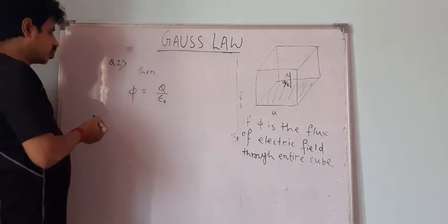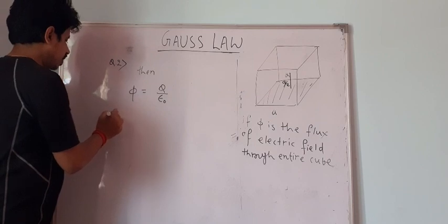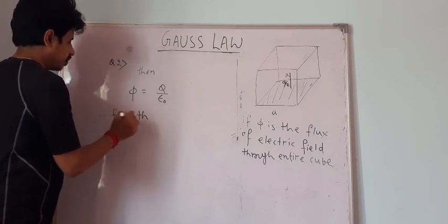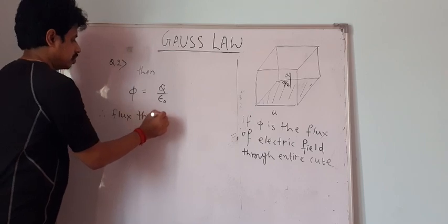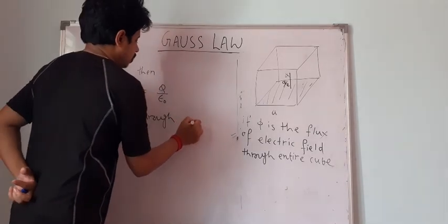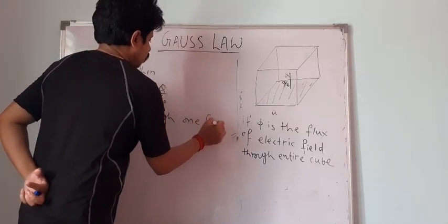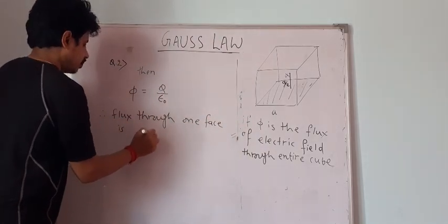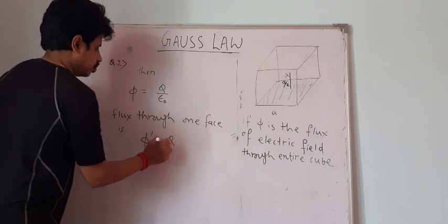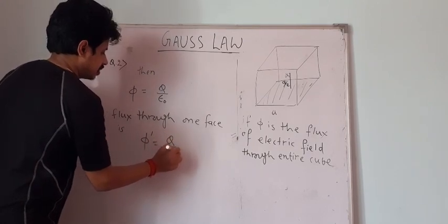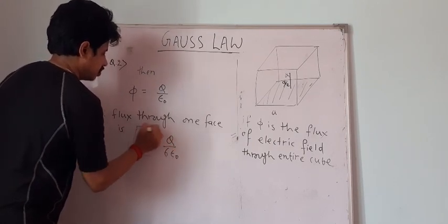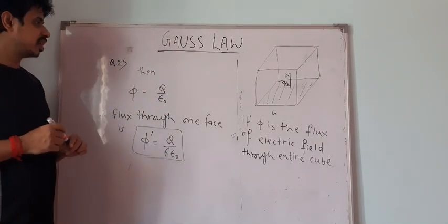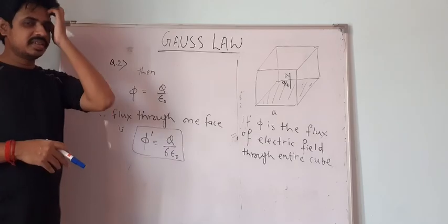Therefore the flux through one face, phi dash, is equal to Q by 6 epsilon naught. So in this way we can find the flux through a single face.